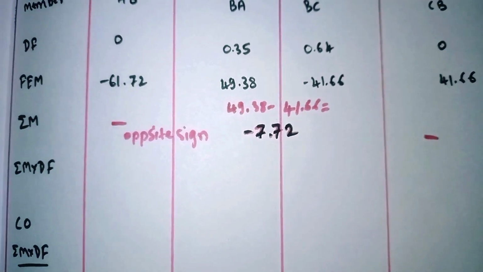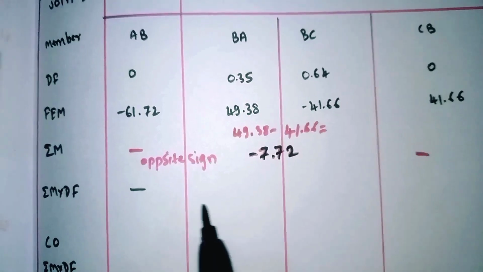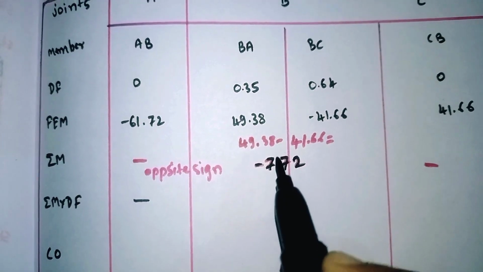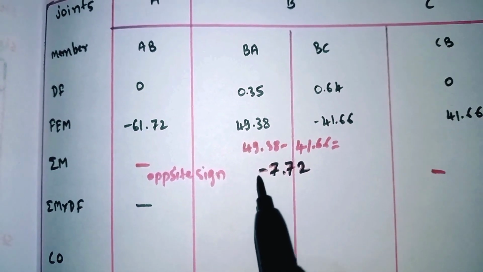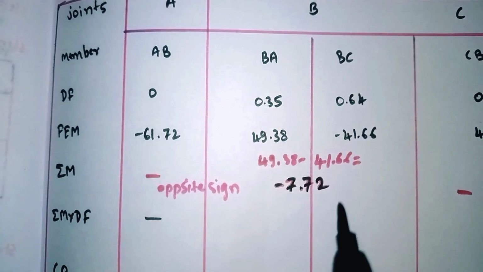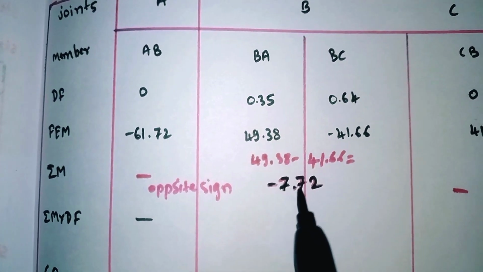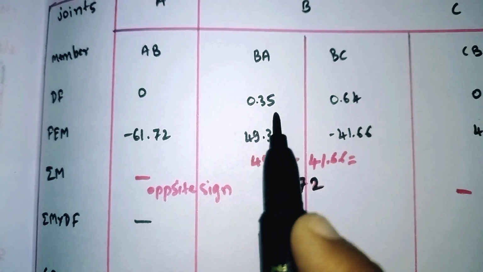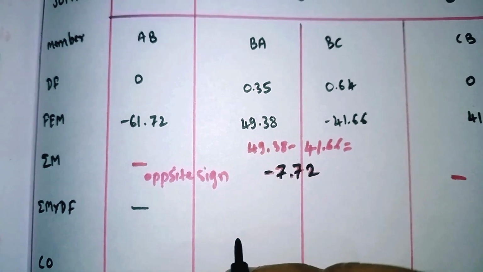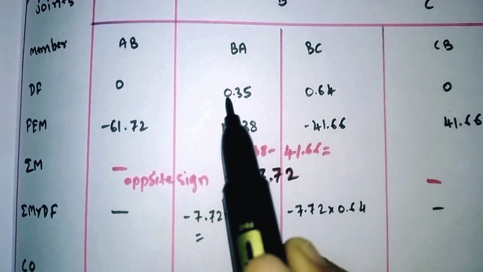So now what we have to do is multiply the summation of moment into the distribution factor at this joint B. So minus 7.72 into the distribution factor, that is 0.35.